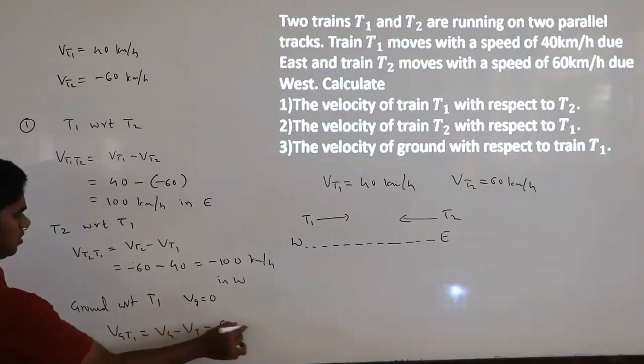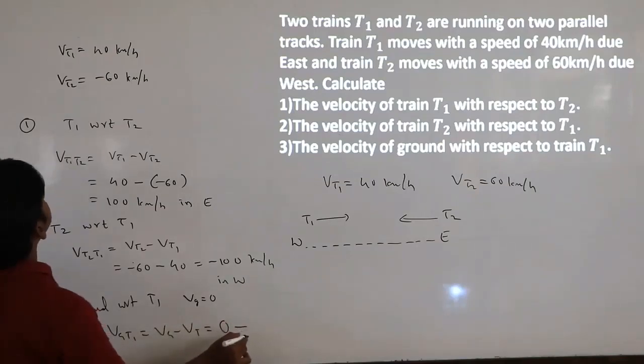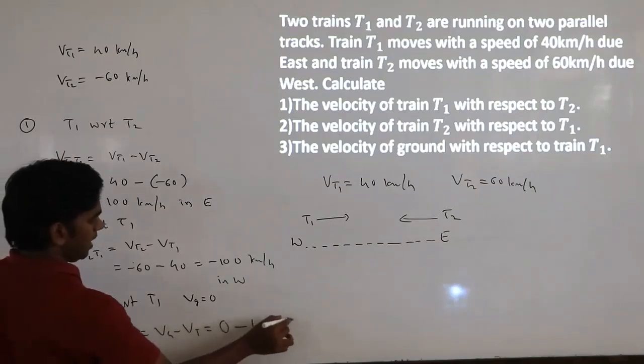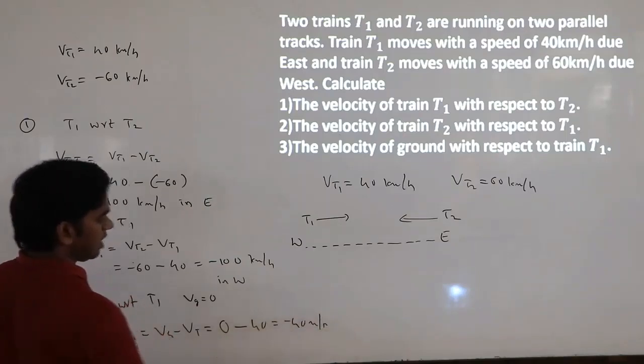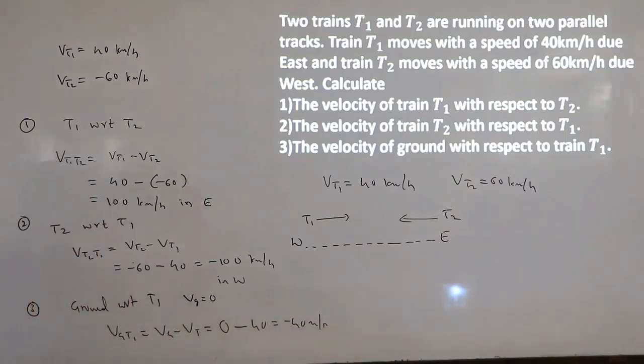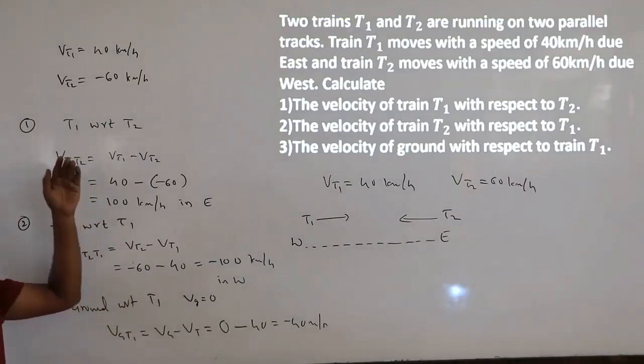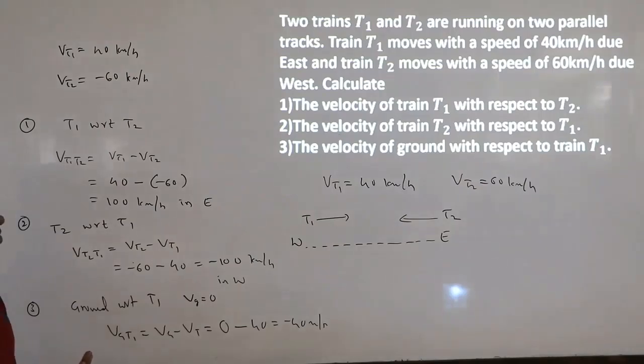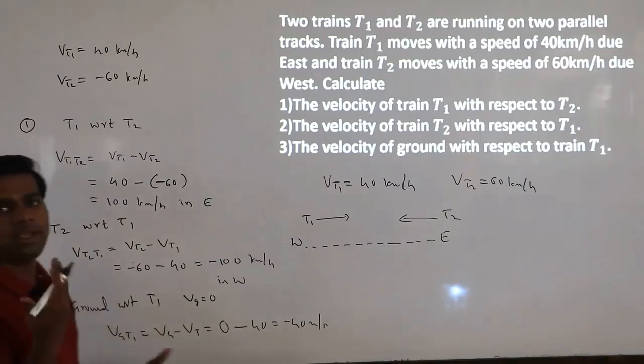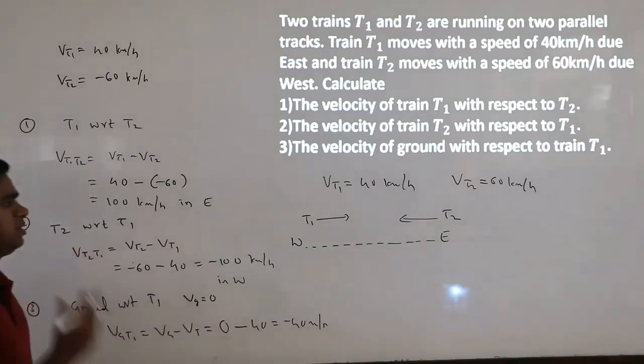V ground is 0 minus Vt1, and Vt1 is 40, so minus 40. That means if T1 is moving in the west to east direction at 40 km per hour, the ground with respect to T1 looks like it is moving at 40 km per hour in the opposite direction, which means the west direction.